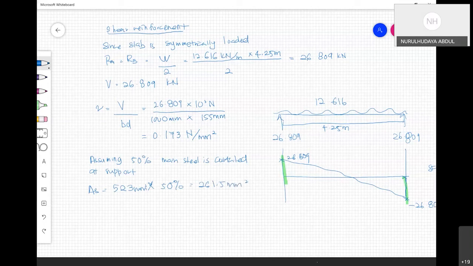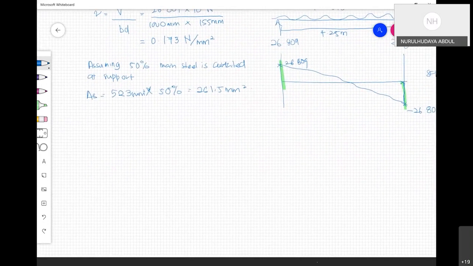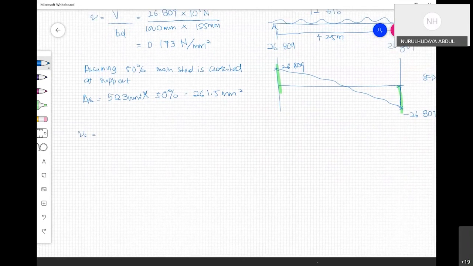Okay, jadi and then kita kena compare dengan VC. So we know that the VC formula, sebab kita ada V yang ni shear stress, kita kira shear stress ni kita nak compare dengan VC.